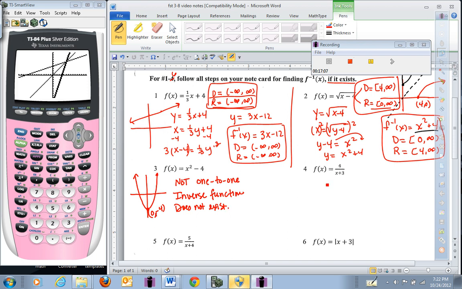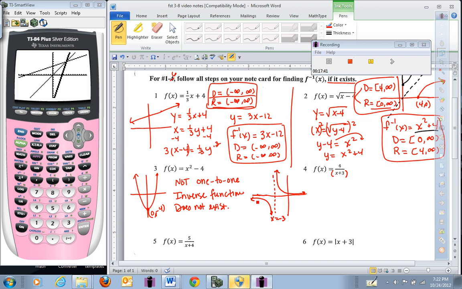Okay, let's try number 4. What would number 4 be if we graphed it? Well, number 4 would be a hyperbola, wouldn't it? And it would be a hyperbola that's been moved 3 units to the left. So we're going to go over here 3 units to the left, and we're just going to draw a little hyperbola on here. The 4 would just be to stretch it.